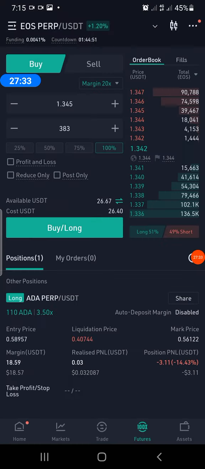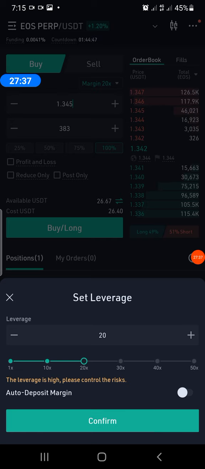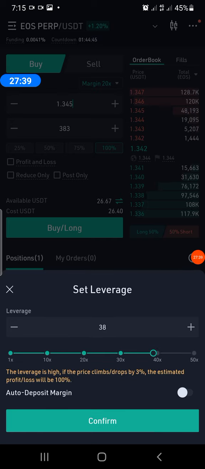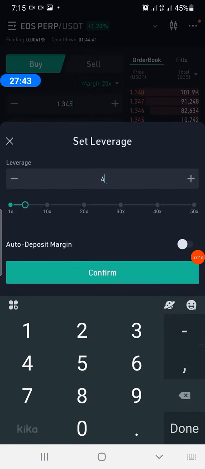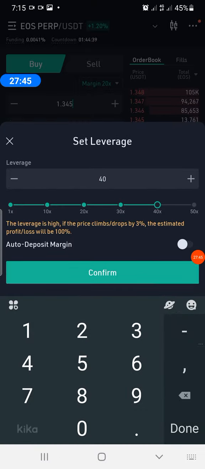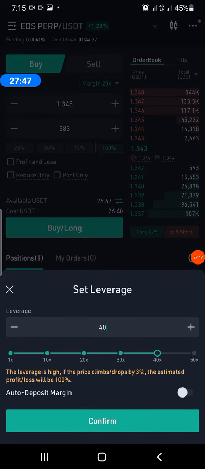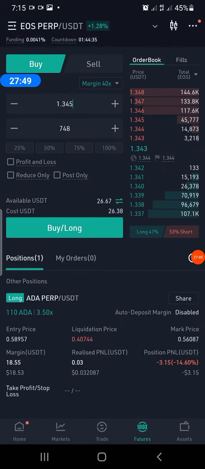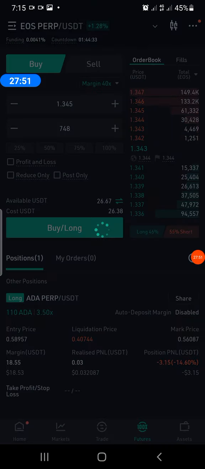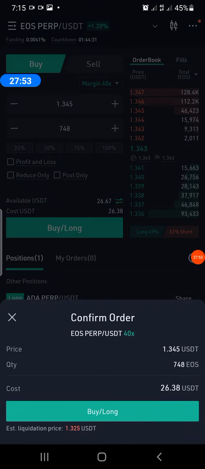So if I increase this leverage to 40x, let's see what happens. Confirm to 40x. You see, closer to the price, I can get liquidated at night while I'm still on the bed.